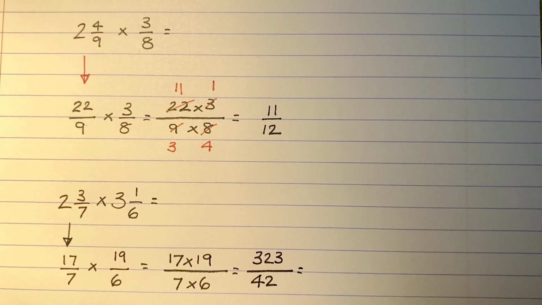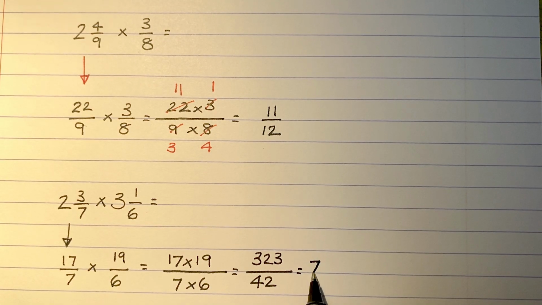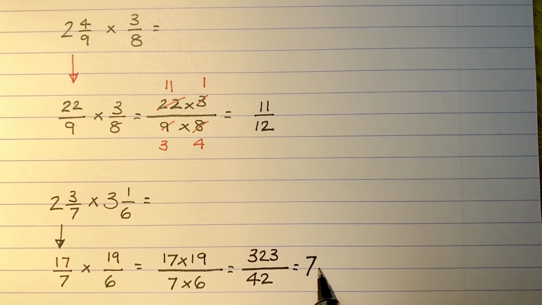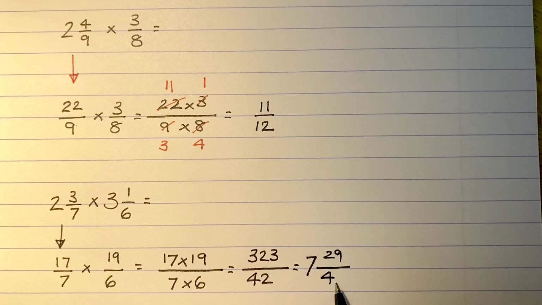Question is, how many 42s can I fit into 323? It's 7 times. Remainder, and 29 over 42. Now, of course, you can use the calculator for this one.